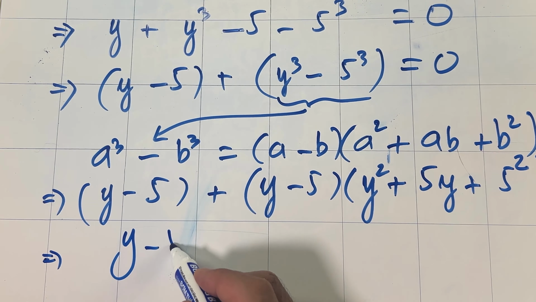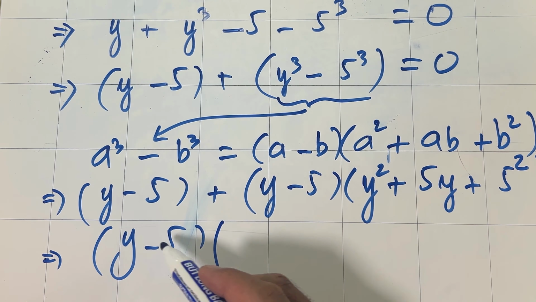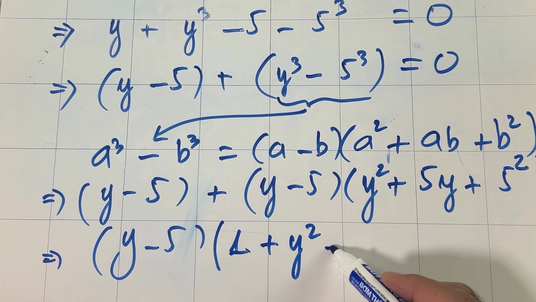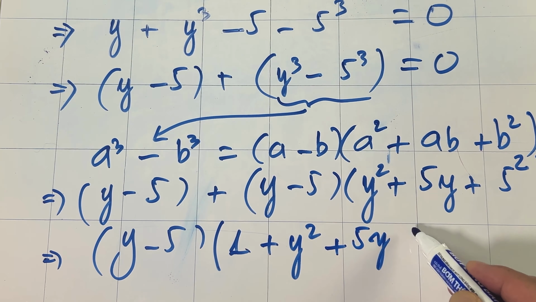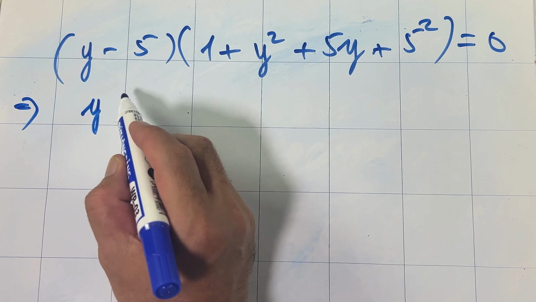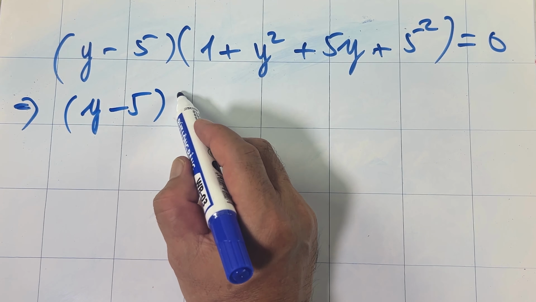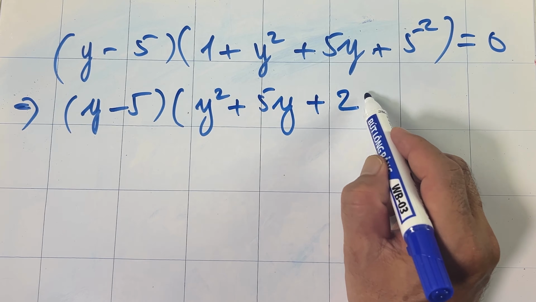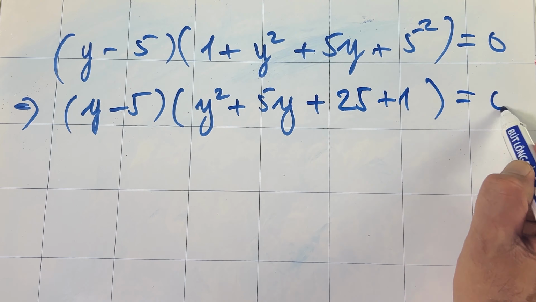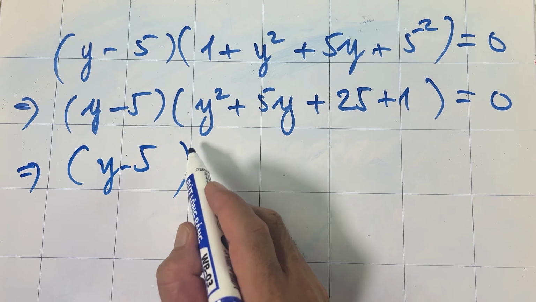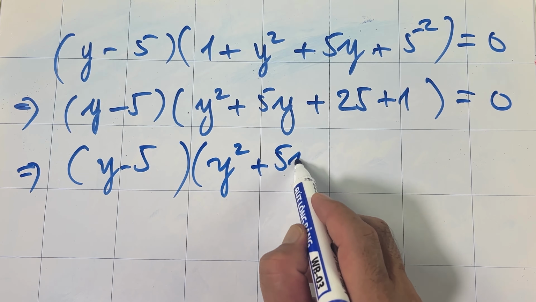Grouping y minus 5 as a common factor, we get y minus 5 times 1 plus y squared plus 5y plus 5 squared equals 0. Which leads to y minus 5 times y squared plus 5y plus 25 plus 1 equals 0. Now the equation is y minus 5 times y squared plus 5y plus 26 equals 0.